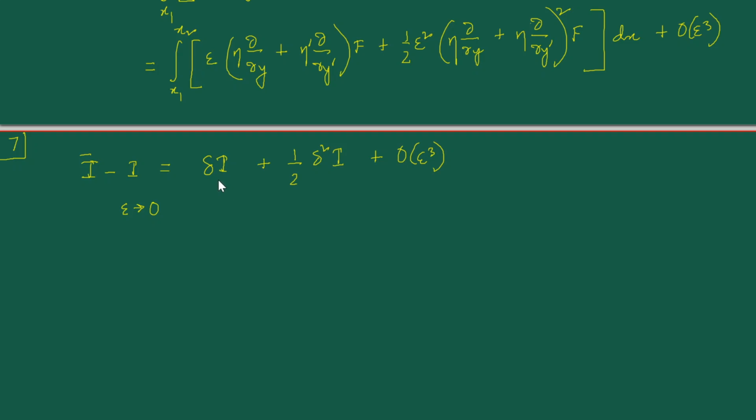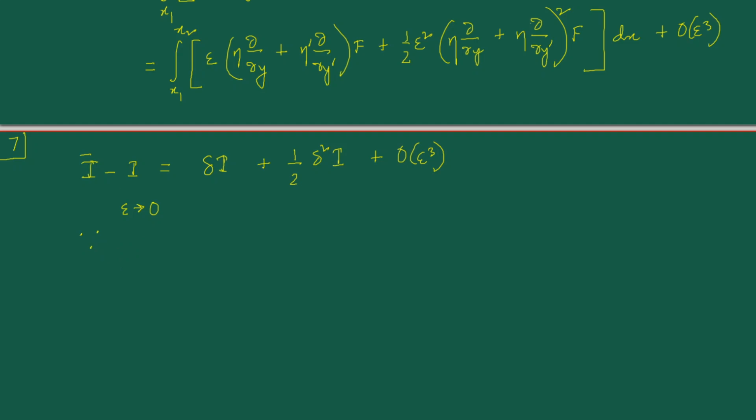But we don't want that, because if that were true, then sometimes this term would be positive and sometimes it would be negative. But we want to ensure that I bar minus I for our minimization problem must always be positive.